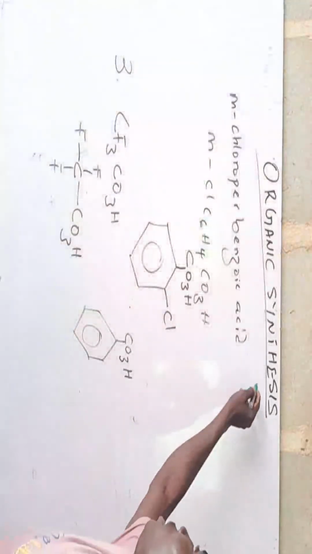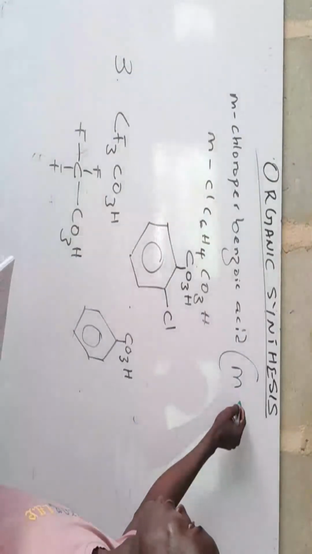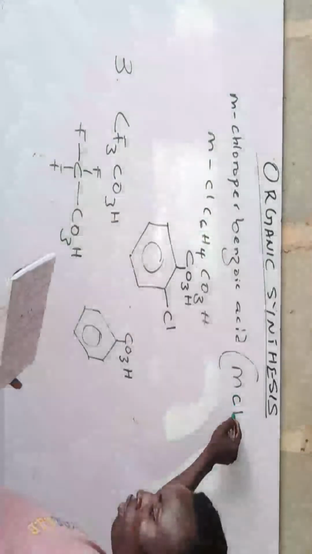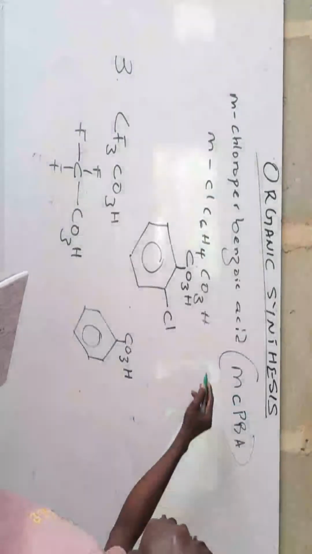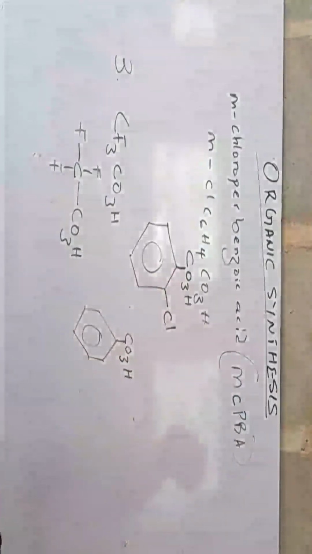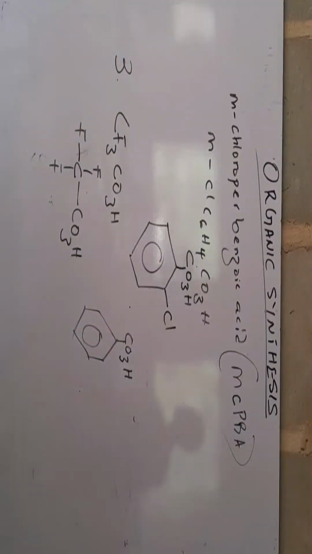The short name of this one is MCPBA. That is the short name for the compound. So it's not all the time I'll be mentioning the full name anymore. Once I just mention MCPBA, you should know definitely this is what I'm talking about.